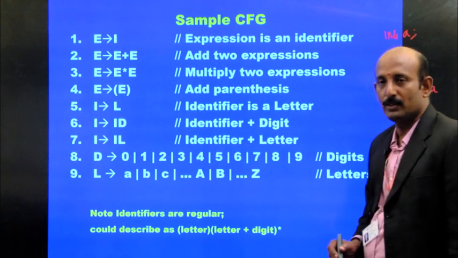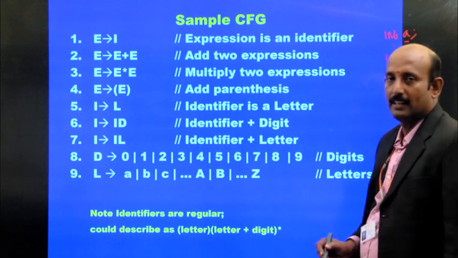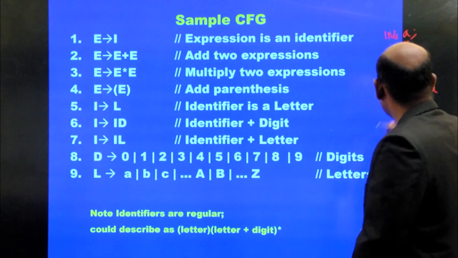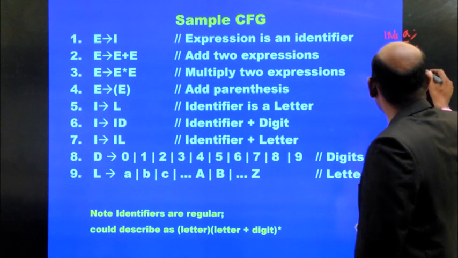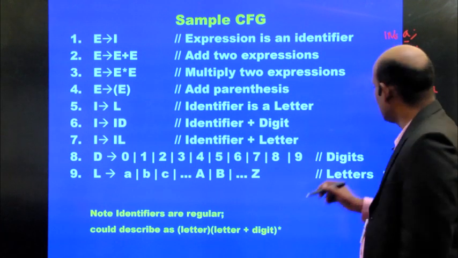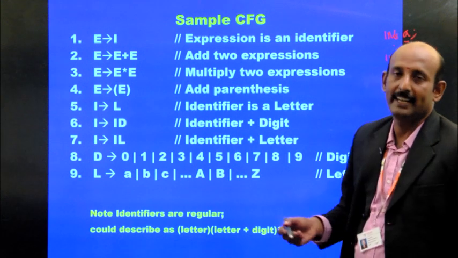So what is the naming rule? As per the naming rule, the variable begins with a letter, then is followed by either letters or digits. Those letters or digits may occur many times.